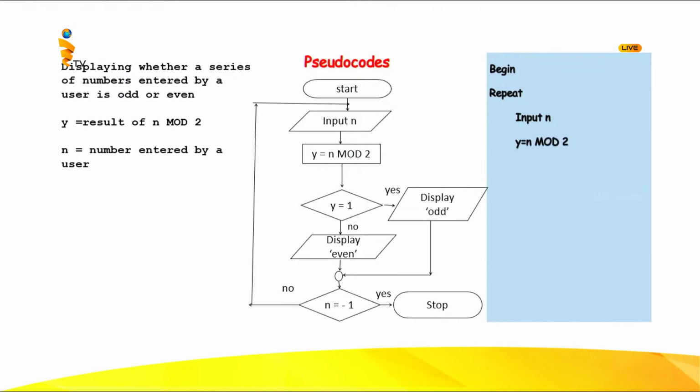We have to calculate y, where y becomes n mod 2. We have to store the value of n mod 2 in y. Then if y equals 1, we display odd, else we display even. Then to indicate the end of if, we have to use end if.